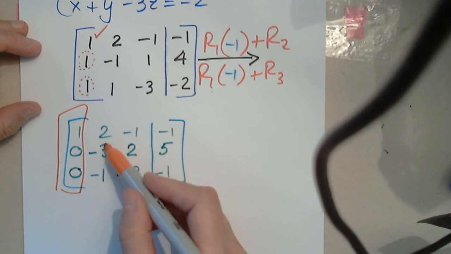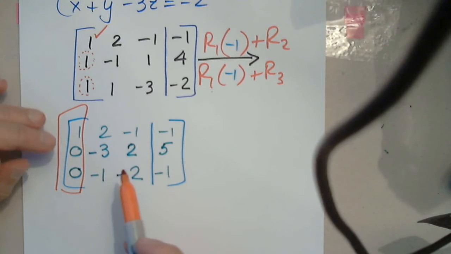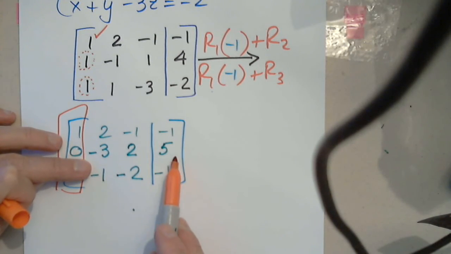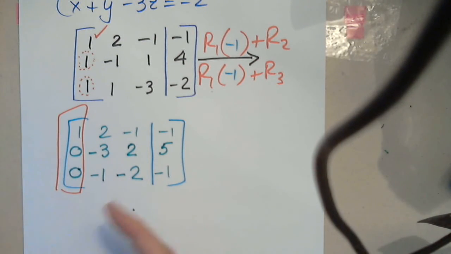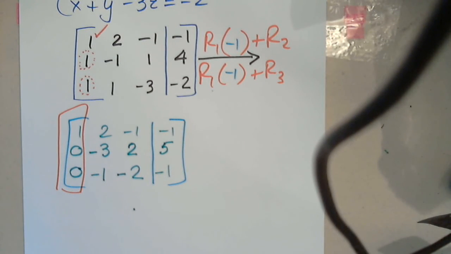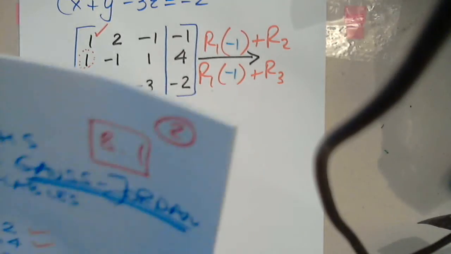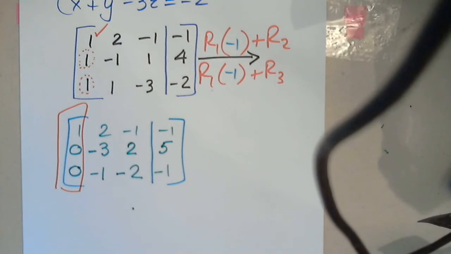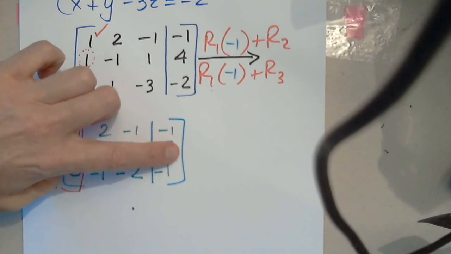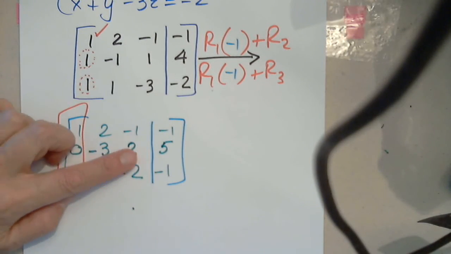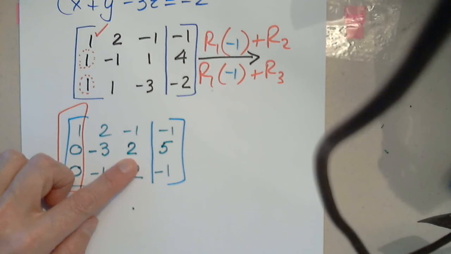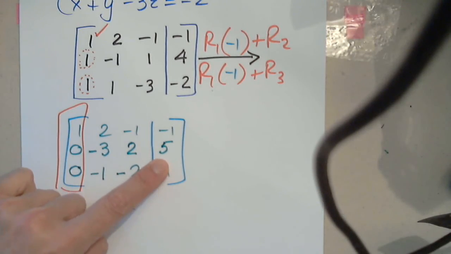Now I want a 1 in here. But if I want a 1 in here, I should divide, but I don't want to. I'll have a lot of fractions. Is there another option here? If I don't want to divide like we did in the previous example by -3, because if I do, then this is -2/3 and this is -5/3.